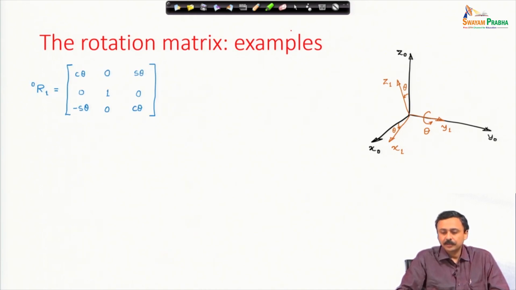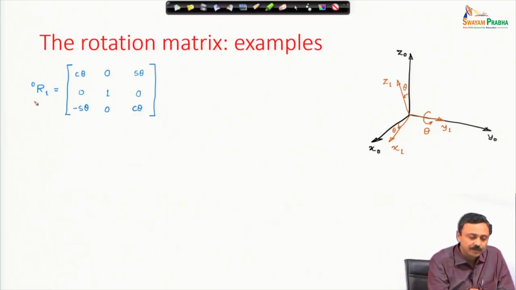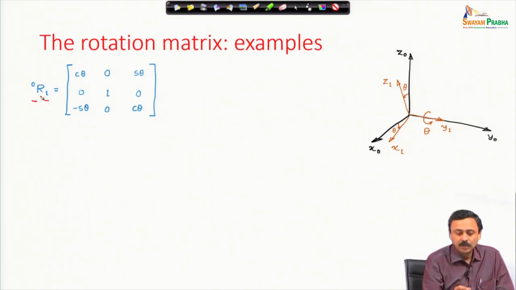Let us look at rotation about the y axis. Initially, the brown frame was coincident with the black frame. Now, I give a rotation about the y naught or y 1 axis, and that rotation is theta, and now I represent the rotation matrix from 1 to 0, therefore, I must represent frame 1 in frame 0.